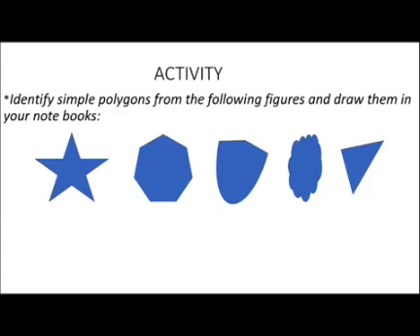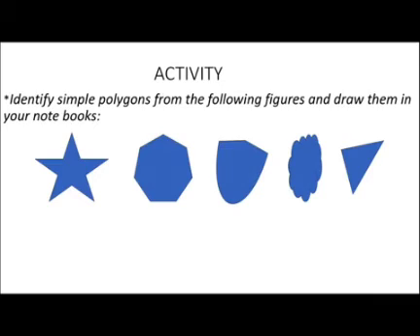Okay. Now, we just now learned what a polygon is. A polygon, again, children please repeat. A polygon is a closed plane figure which consists of at least 3 line segments. It is bounded by at least 3 line segments. So that's a polygon.